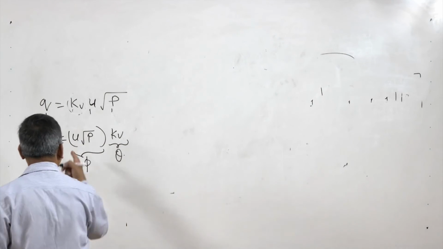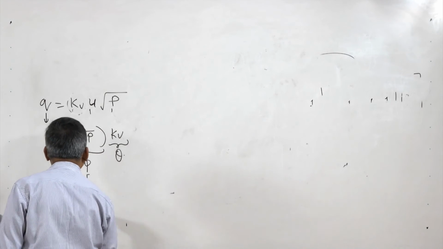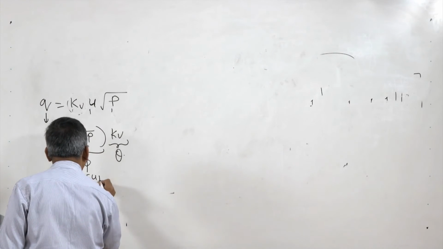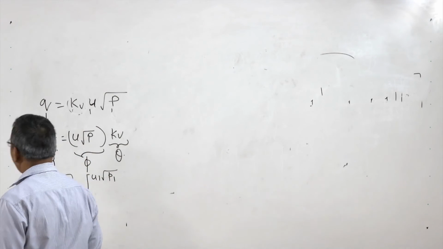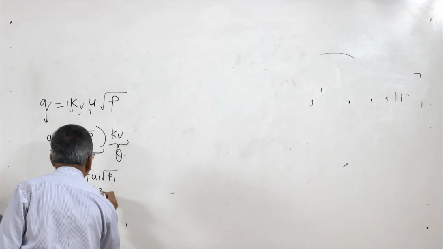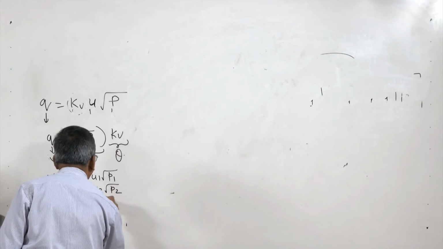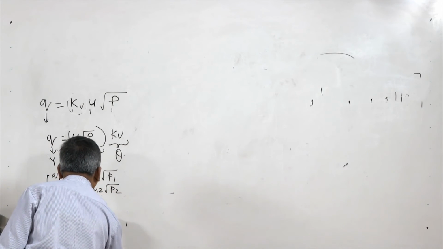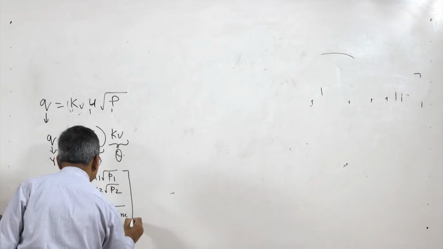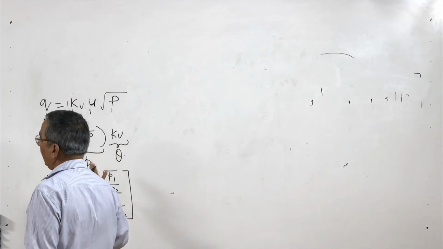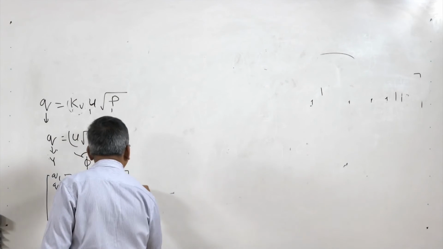And here these will be basically u1 root p1, likewise u2 root p2, and um root pm. So this is my phi, and then of course I have got the kV.